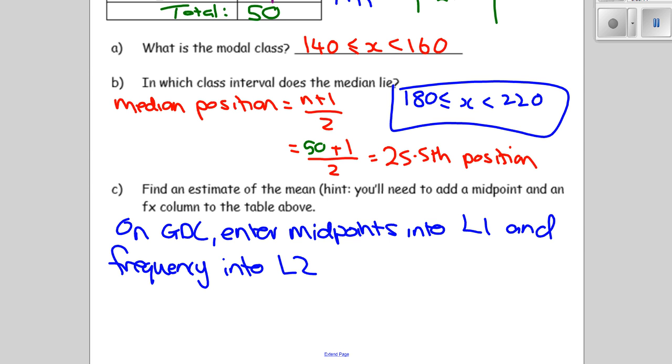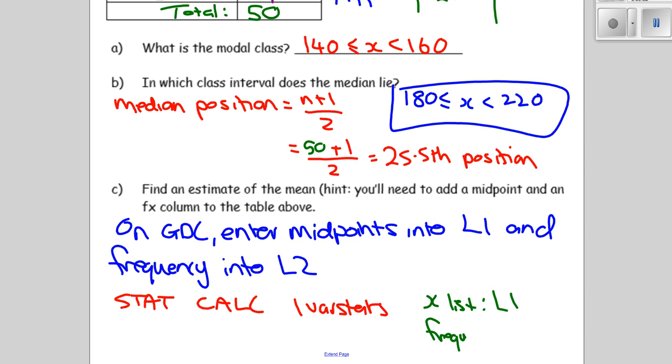And then once you've done that, you go stat calc, 1 bar stats. And you've got to tell them the X list is L1, and then tell them that the frequency list is L2. So make sure you do that.